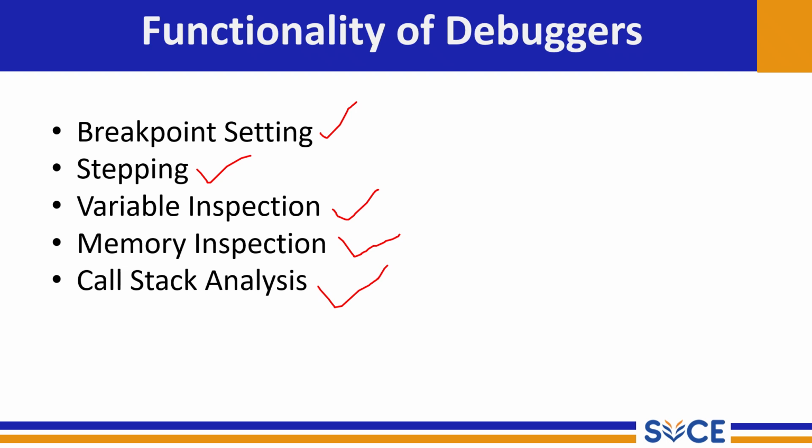Next, understanding the program behavior, gaining insights into how a program works by observing its execution. And reverse engineering: debuggers can be used in conjunction with disassemblers to understand the behavior of compiled programs. And performance analysis, identifying performance bottlenecks in software by observing execution time.